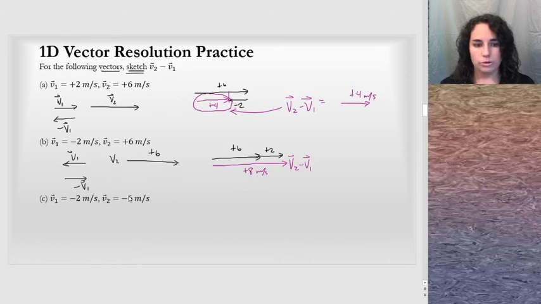Here I chose both negative. V1 is a negative 2, V2 is negative 6. I'm going to take V2 and subtract V1. So there's negative V1, which is a positive 2.